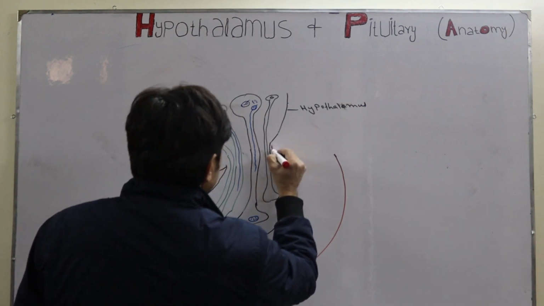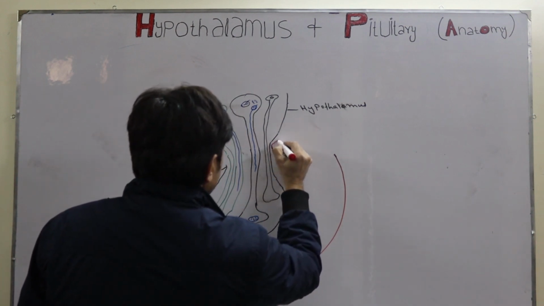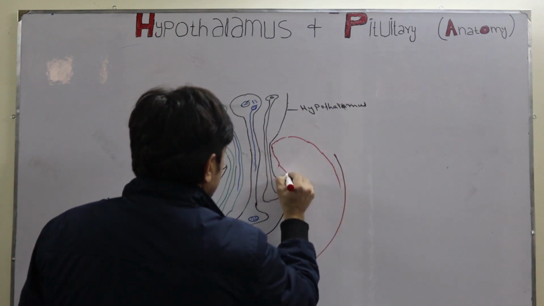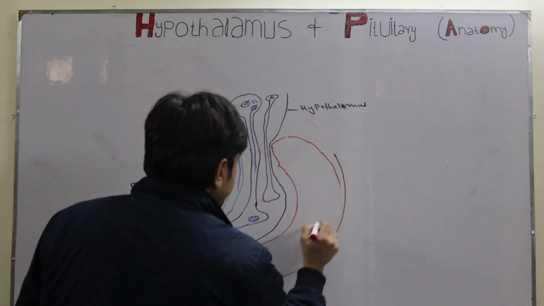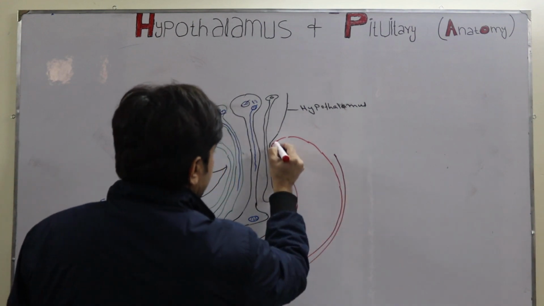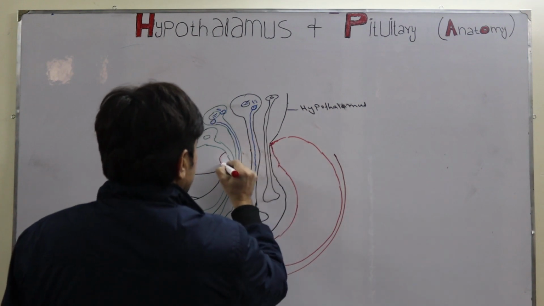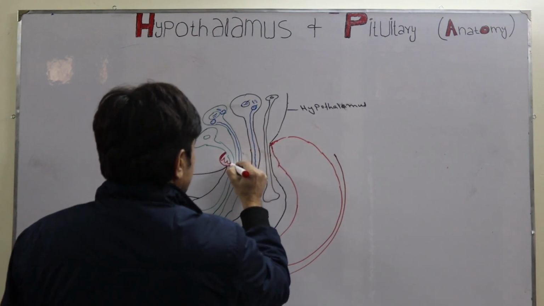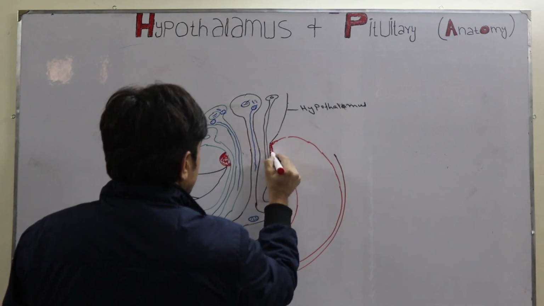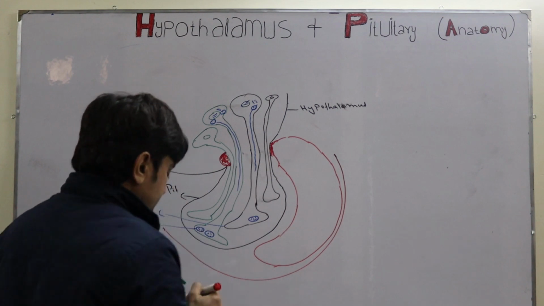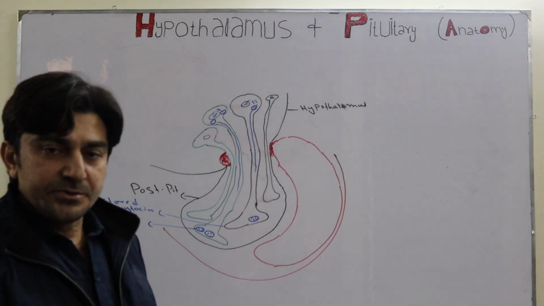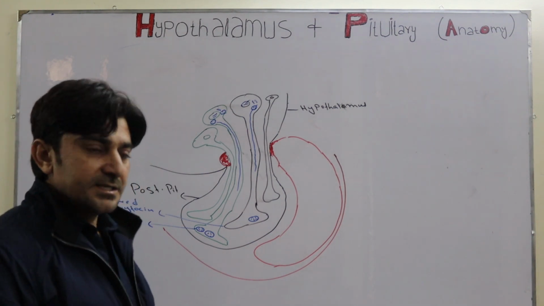And here is the anterior lobe, and this is the sella turcica. This is the anterior lobe. In the anterior lobe or anterior pituitary, it produces and secretes 6 hormones.